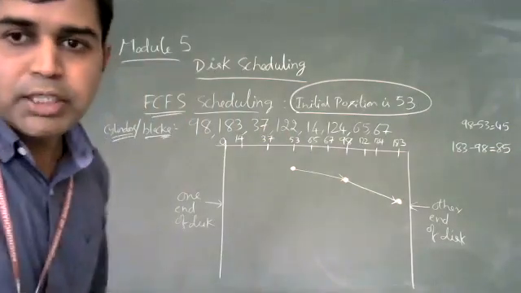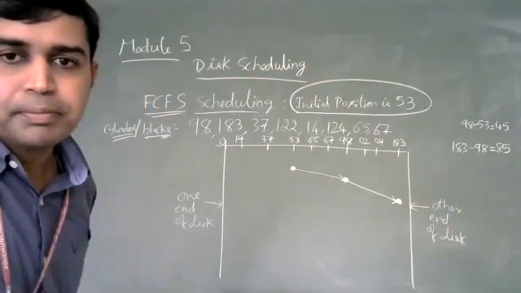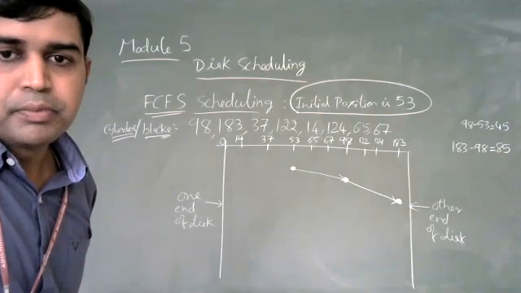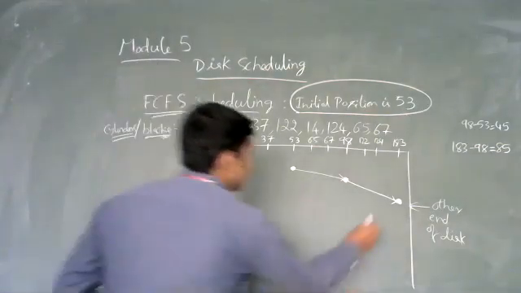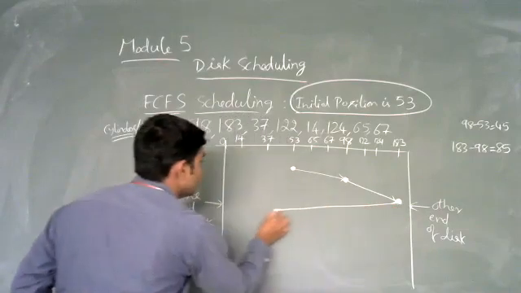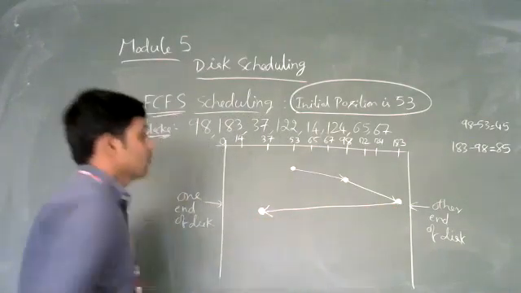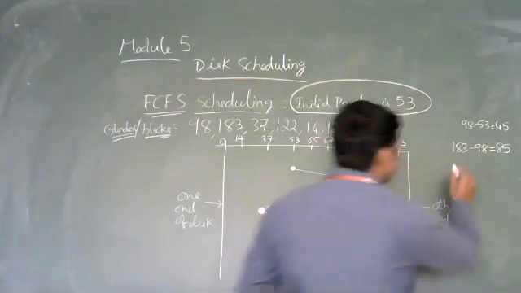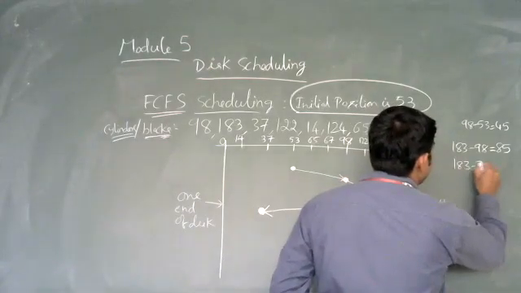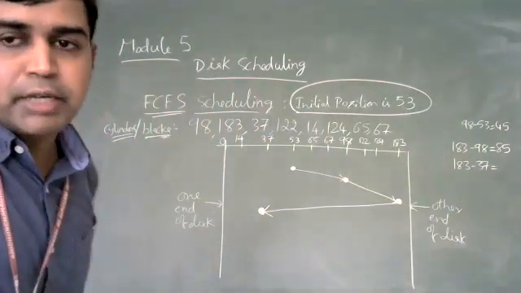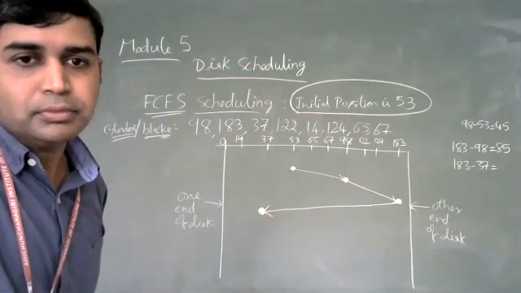Next, which cylinder do we travel to? 37. Do the same thing: 183 minus 37, how much? 146.